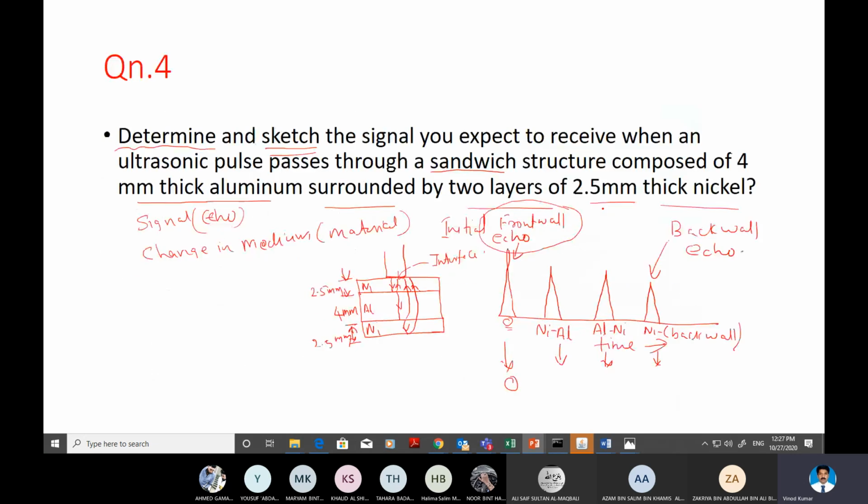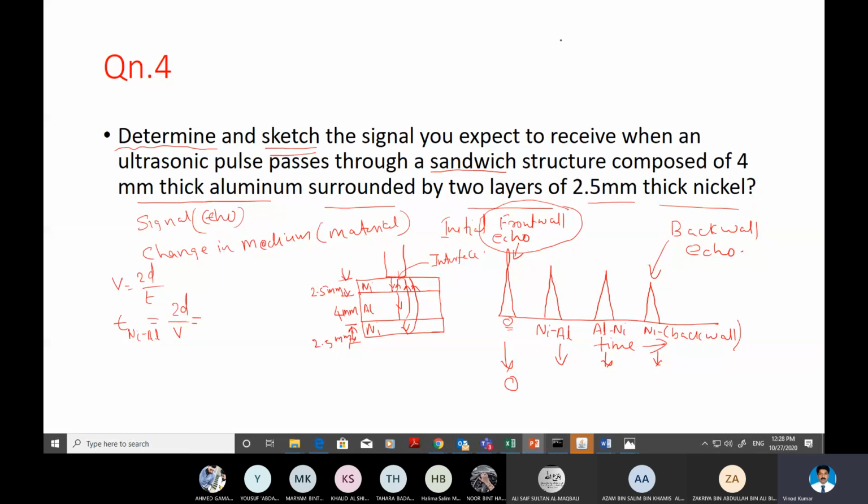So let us go back to the question and use our equation. Our equation is velocity equals 2d by t. If this is the velocity, we need time. First, I will write the time from nickel, the first one, the nickel aluminum interface, equal to 2 times d divided by v.